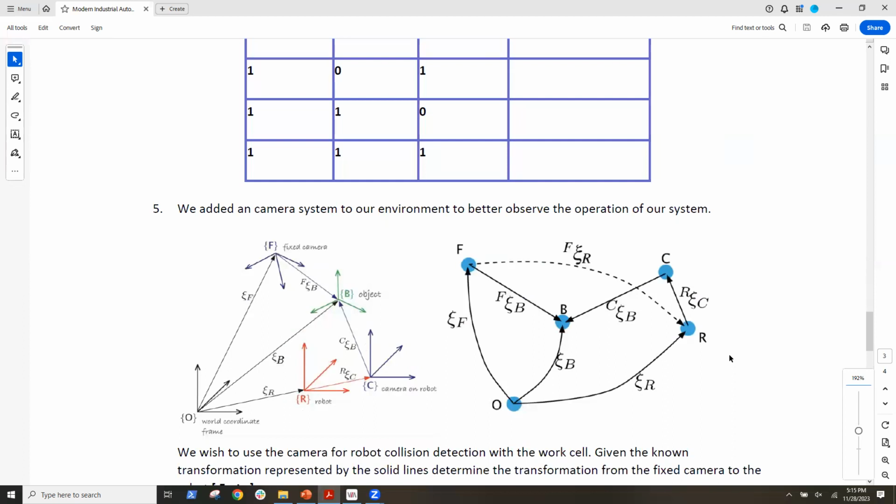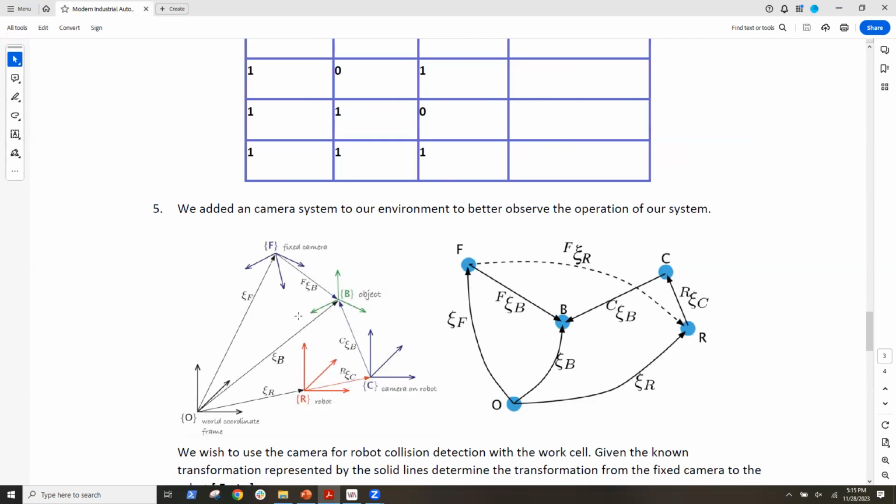So now I want to have the conveyor belt stop at a certain position so I can pick it up and grasp it with my robot manipulator. This has a robot with a camera on the end effector, but also a fixed camera system, and I detect the object here. I want to know where the object is located to verify it's in the right spot so the robot can grasp it.